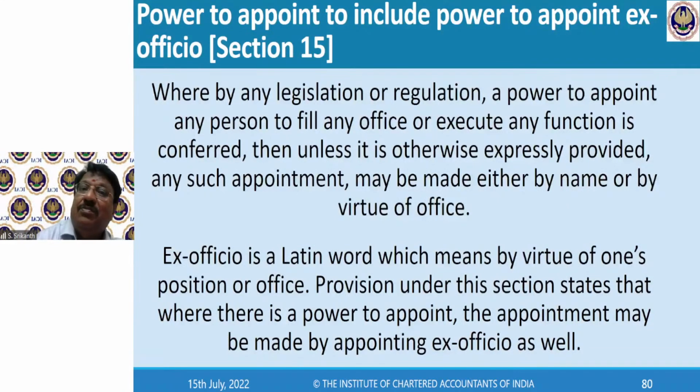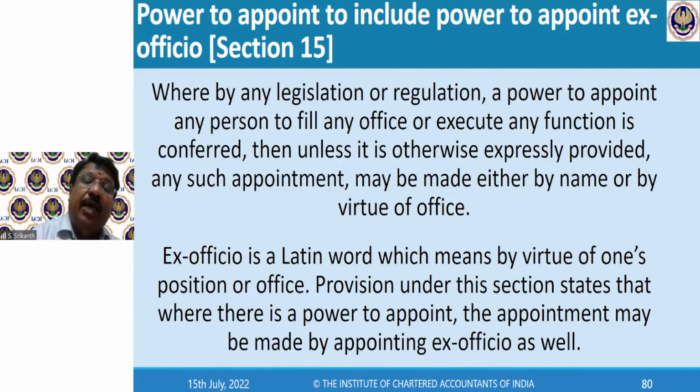The collector also will be there. So that regulation will very clearly say this committee will have two representatives from selected NGOs, two representatives from activist groups, two persons well known in consumer activism, and the collector of the district. So automatically the collector of the district will come.